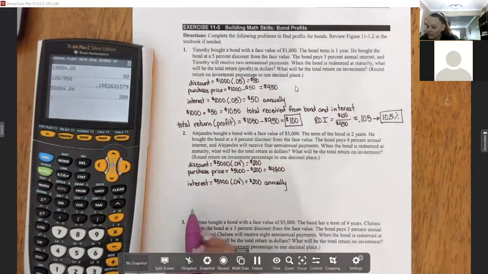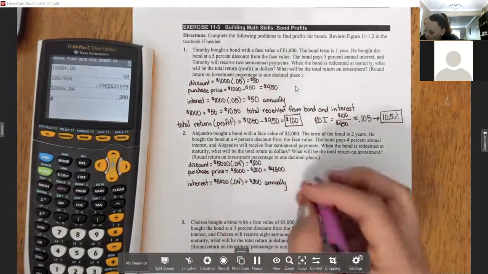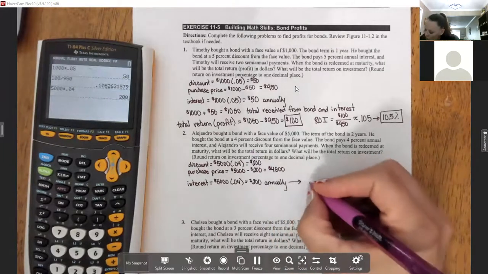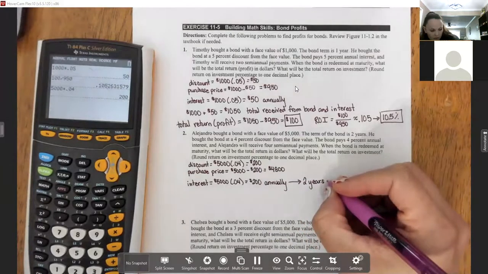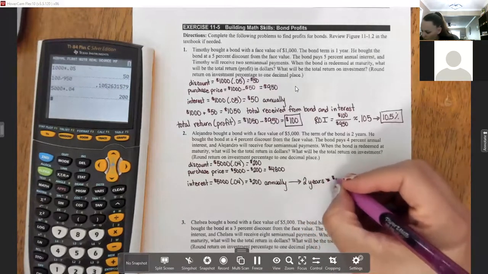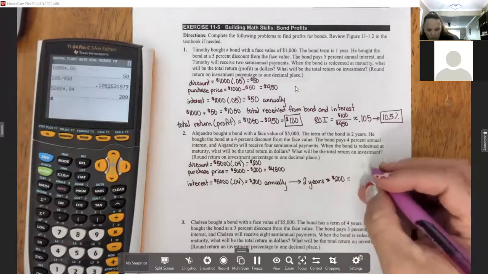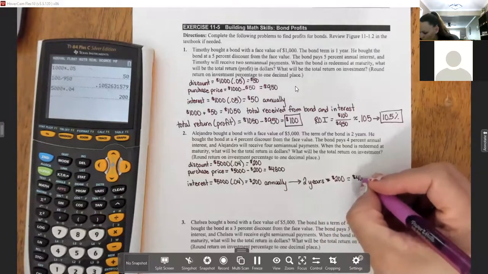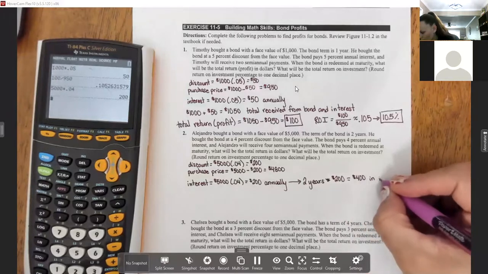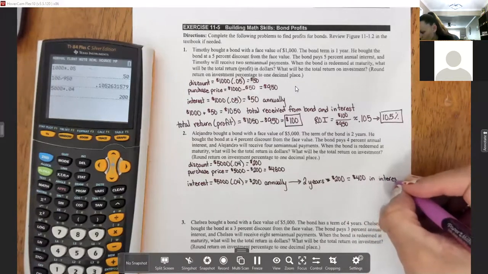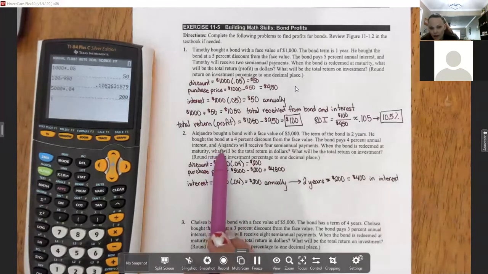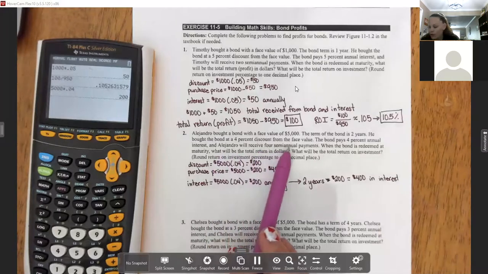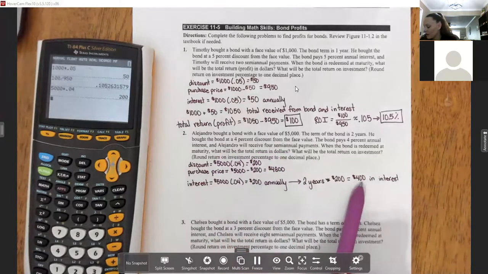But it tells us that he's going to have this bond for 2 years. So 2 years times that $200 is going to be $400 in interest. Again, it tells us right here that Alejandro will receive 4 semi-annual payments. This is going to be split up into 4 payments, but we're just concerned about how much he's going to get in all.